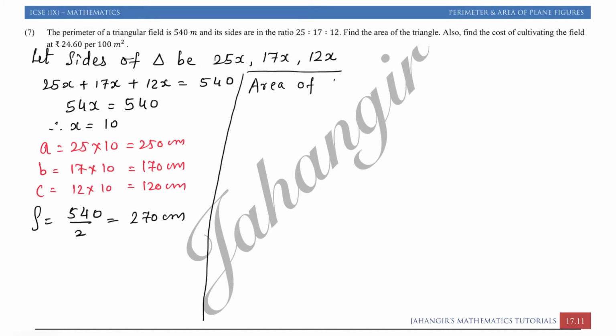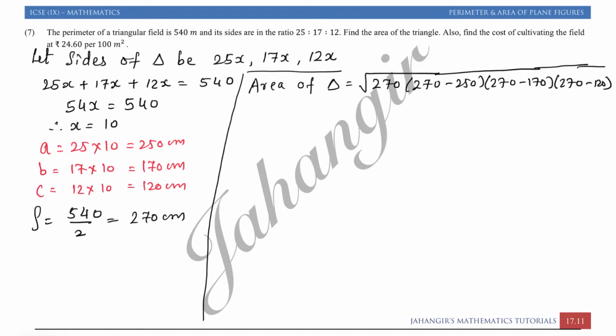Area of the triangle is equal to the square root of 270 minus 250, 270 minus 170 and 270 minus 120. We will get 270 into 20 into 100 into 150.